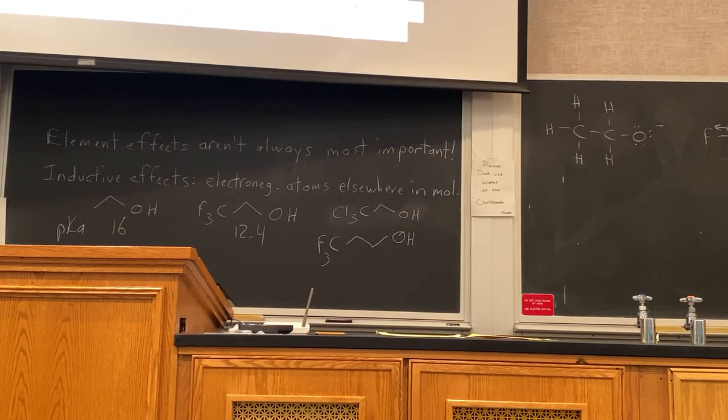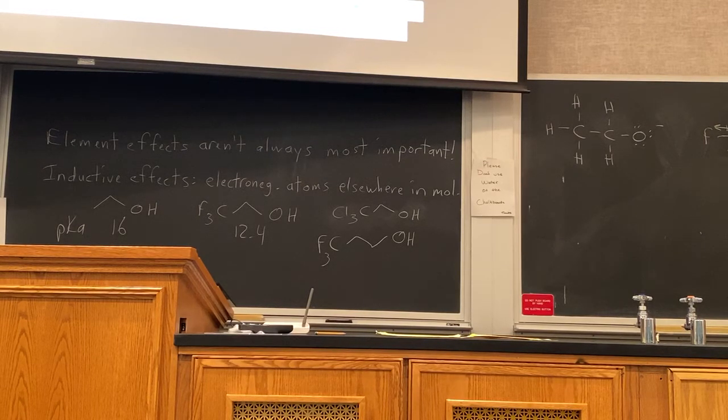Okay? Another thing to note about the inductive effect is that it is the weakest of the three effects. The book tried to tell you that the element effect was the strongest. I'm telling you it's not, and I'll show you why in a moment. But the one generalization I am comfortable making is that the inductive effect is always the weakest, meaning the impact of the inductive effect on relative acid strength is going to be smaller than the impact of either the element effect or the resonance effect or the hybridization effect.